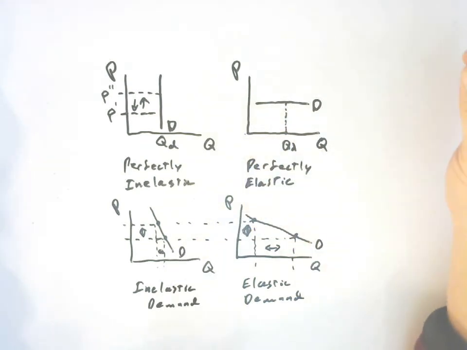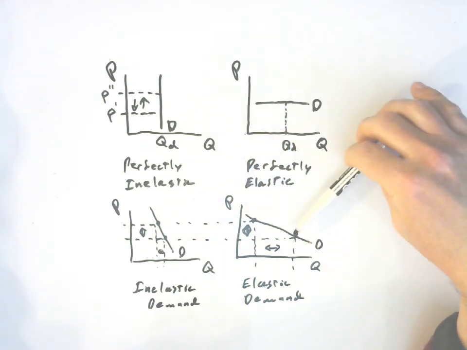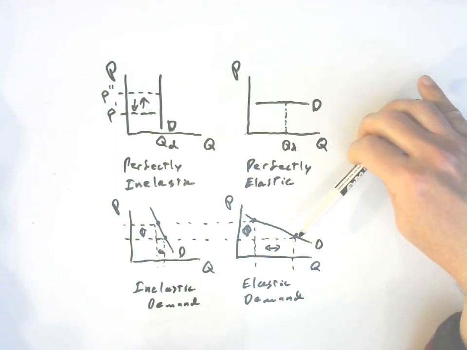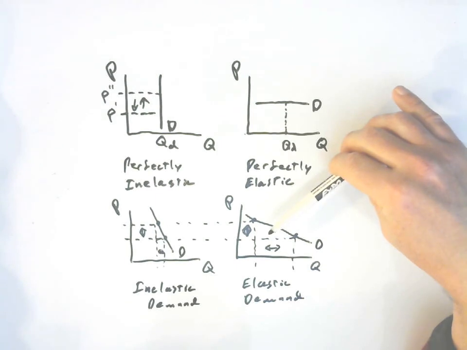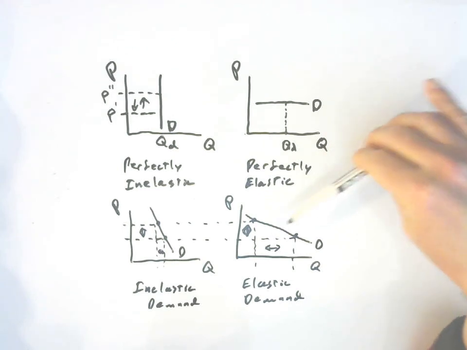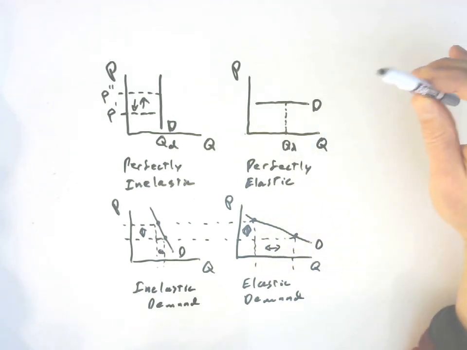We call that inelastic demand. And then finally, we have a demand for which people are relatively sensitive to a change in the price of that product. You raise the price by some amount, they'll reduce their consumption of it quite a bit, but not totally eliminate their consumption of it, and we call that elastic demand.